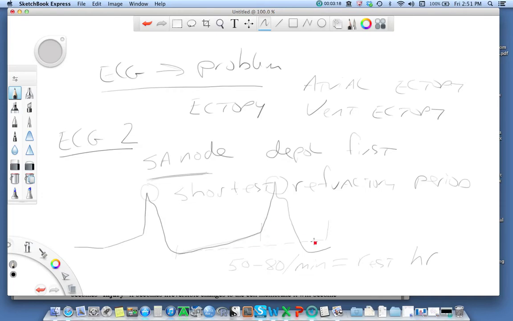So they don't ever get a chance to initiate their own action potential. They initiate an action potential in response to the SA node's action potential because it has the shortest refractory period. And this is the refractory period. It's the period that it is in its resting state.